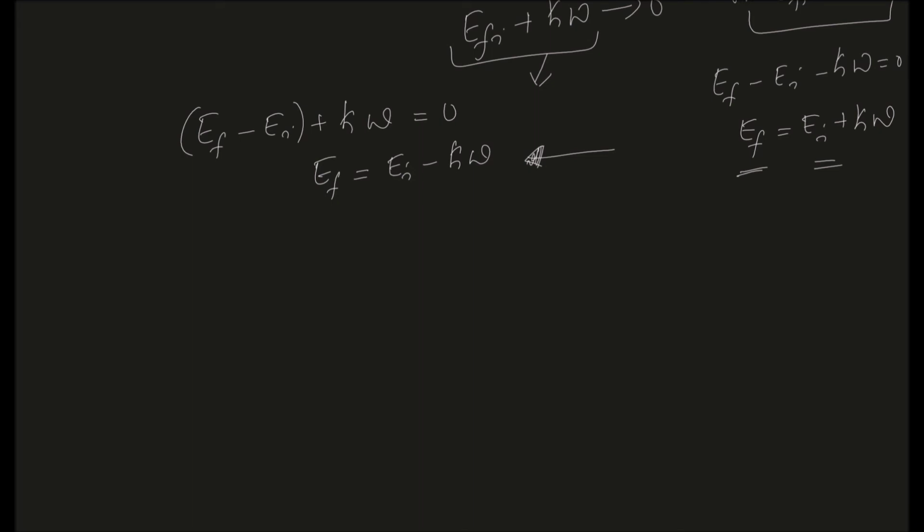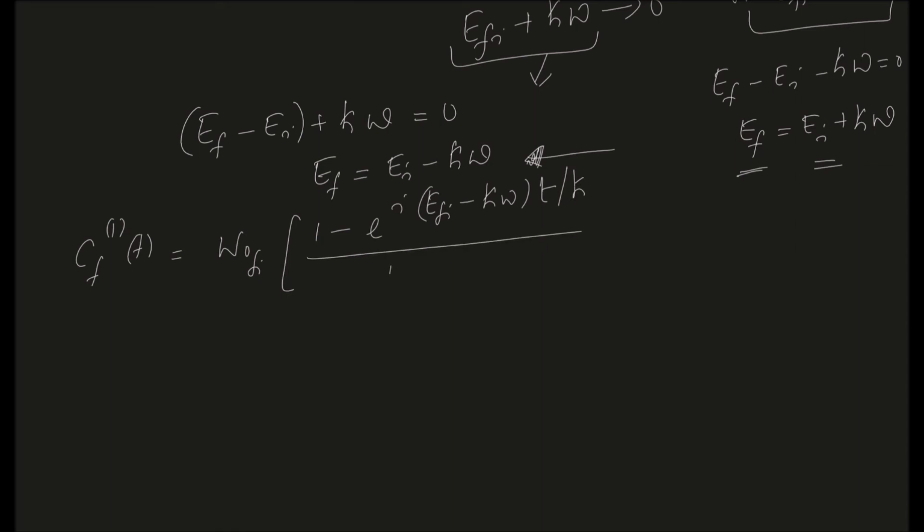In the absorption process, our expression for C_f1 of t becomes W0_fi times 1 minus e raised to i (E_fi minus h cross omega) t by h cross, all divided by E_fi minus h cross omega. So this refers to the absorption process.